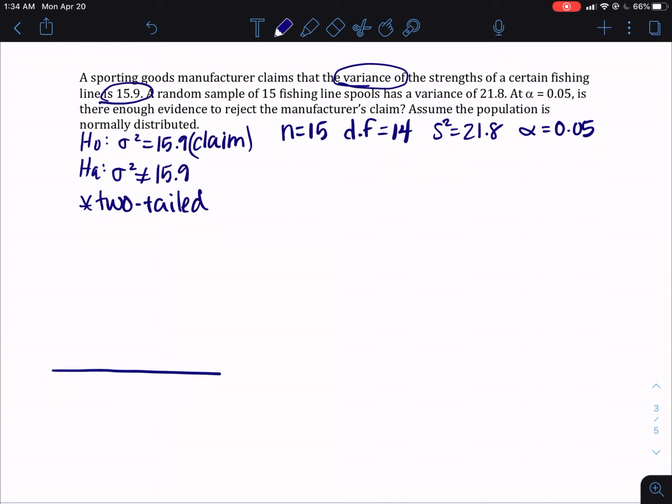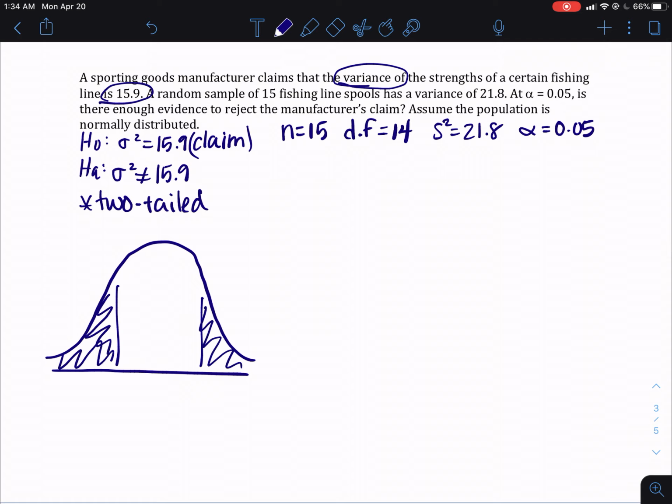Okay, so if we make our graph, and we're looking at two-tailed. So remember, for two-tailed, we're going to take half of alpha, which would give us 0.025. And we also take 1 minus half of alpha, which is going to give us 0.975.